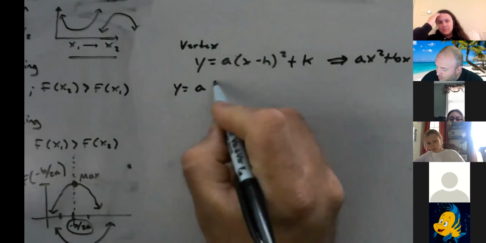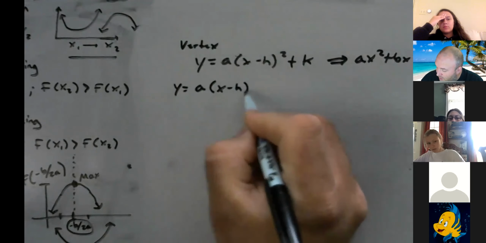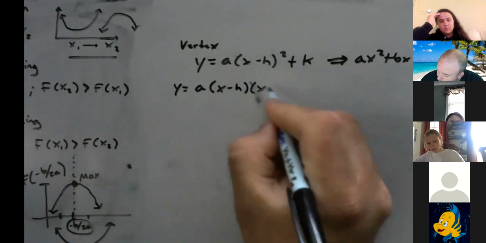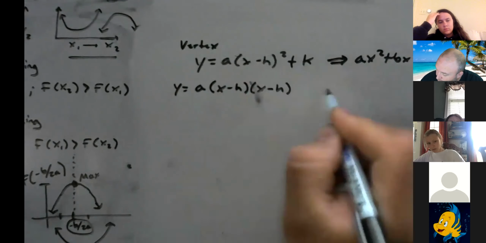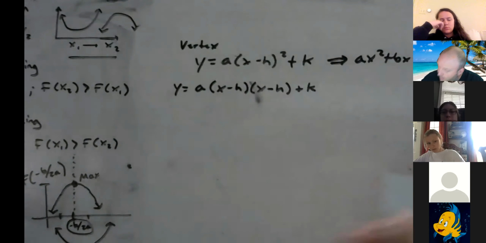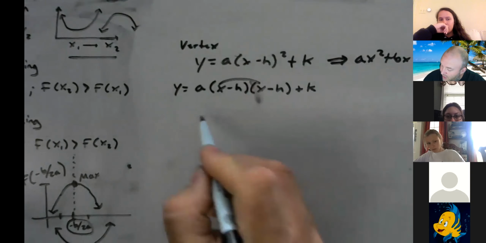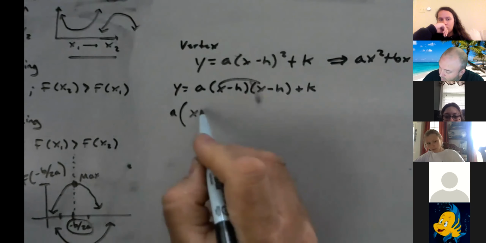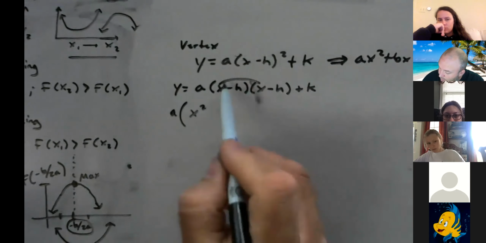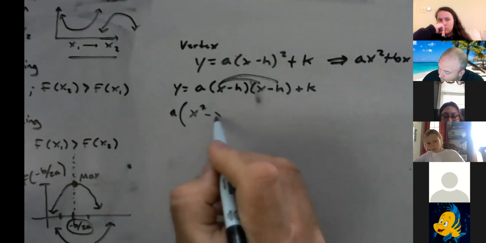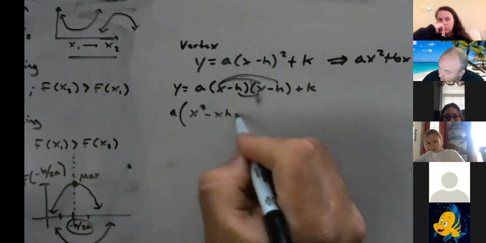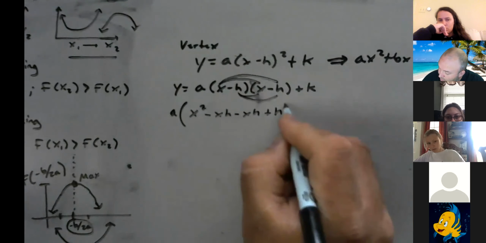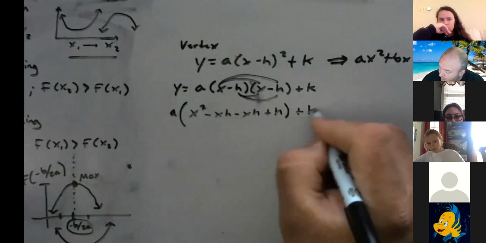And I'm going to rewrite it showing that distribution piece here. We're actually multiplying out that binomial by itself. And then we multiply the x's. So x times x is x squared, minus xh, minus xh, plus h squared, plus k.